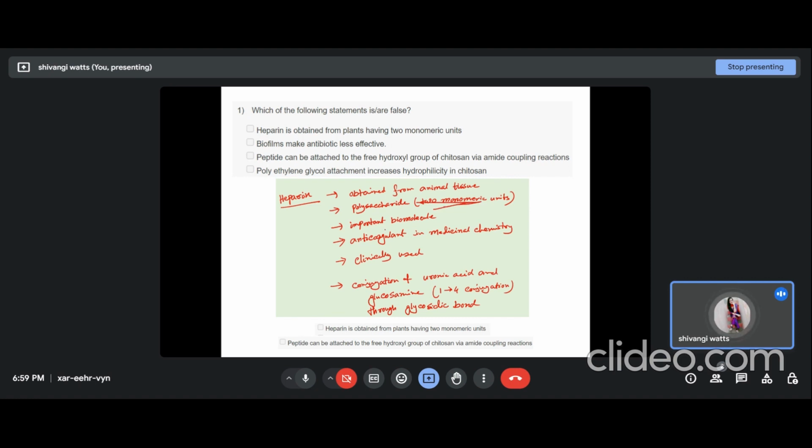This is an important biomolecule, anticoagulant in medicinal chemistry, clinically used, conjugation and uronic acid and glucosamine. So the right option is heparin is obtained from the plants. And also peptide can be attached to the free hydroxyl group of cytosine via mite coupling reaction. So these two are the right options.